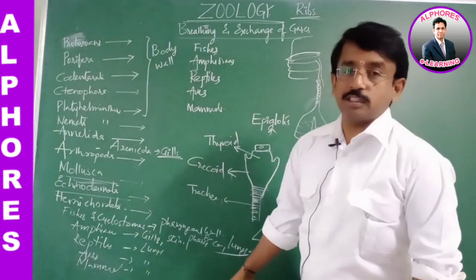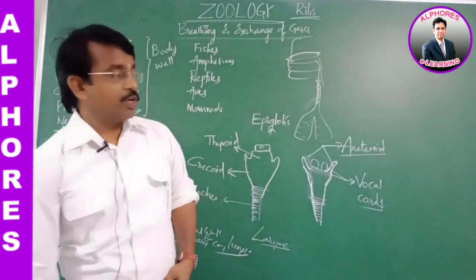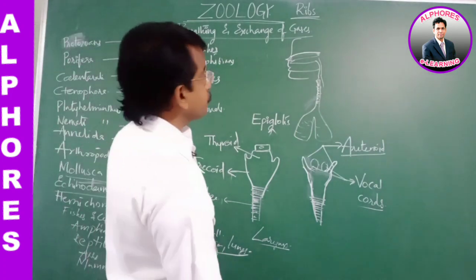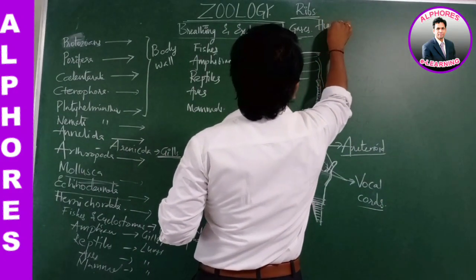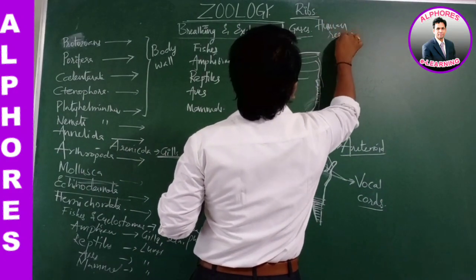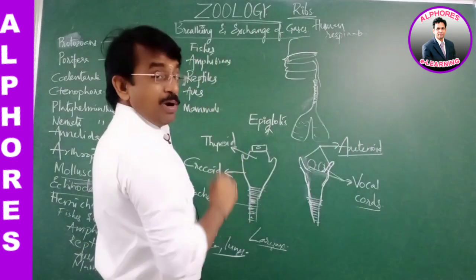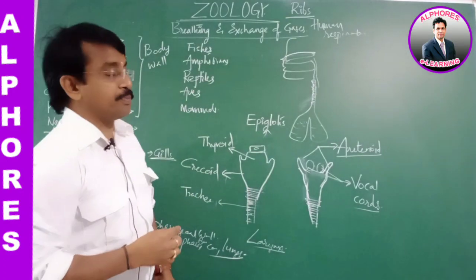of the organs. Let's come to the discussion of the human beings. The human respiratory system can be discussed under two headings. One is named the respiratory tract and another is the respiratory organs.